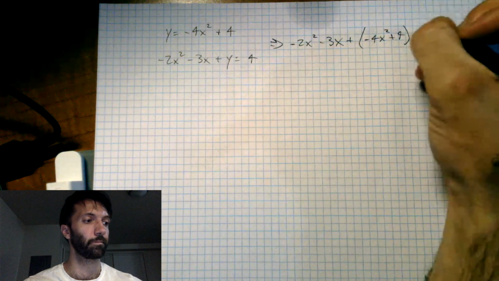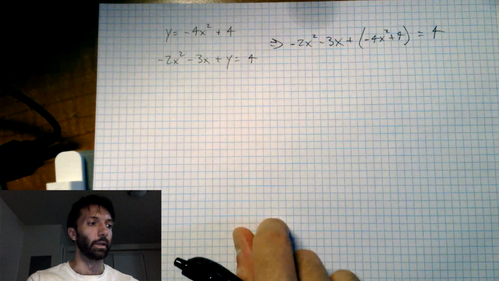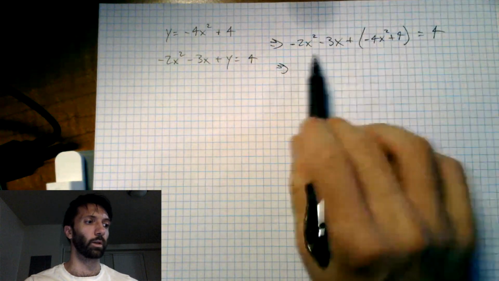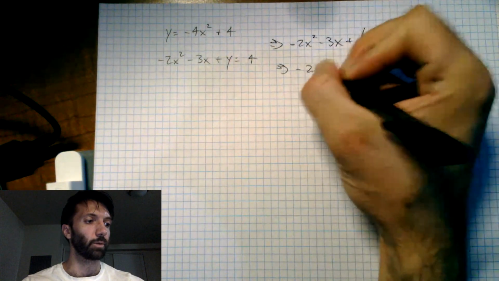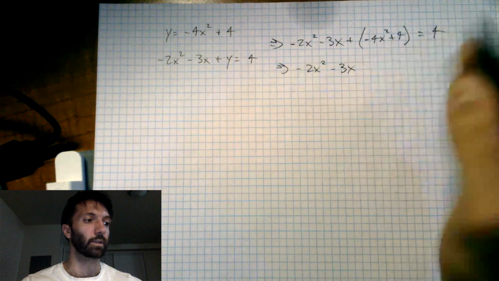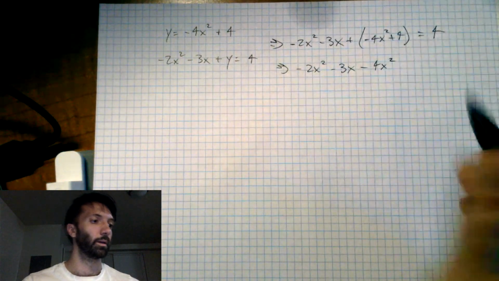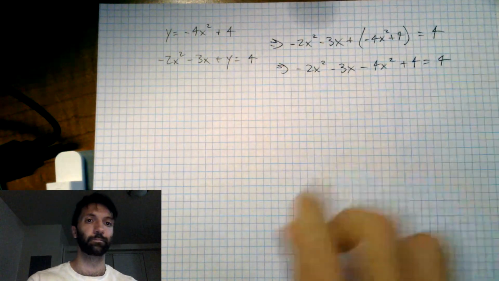And now I'm going to quickly clean this up a little bit so I can get rid of these parentheses. So I have negative 2x squared minus 3x, and plus a negative is just going to be minus 4x squared, and then plus a positive is going to be plus 4 equals 4.